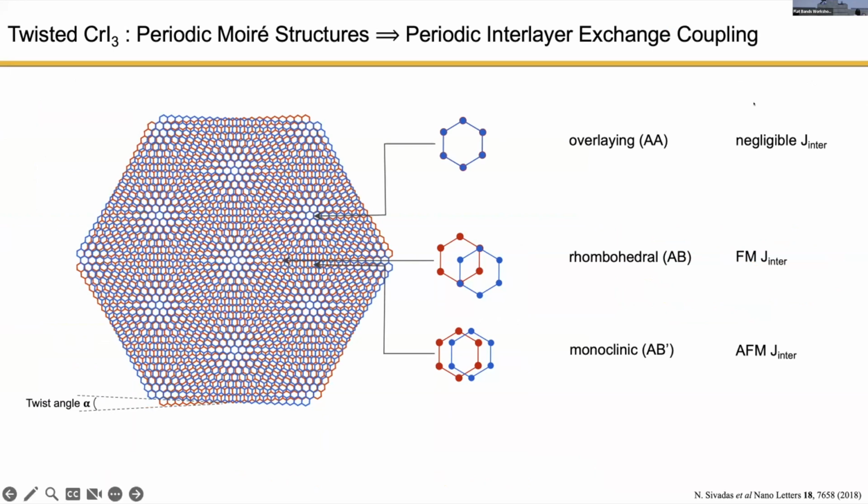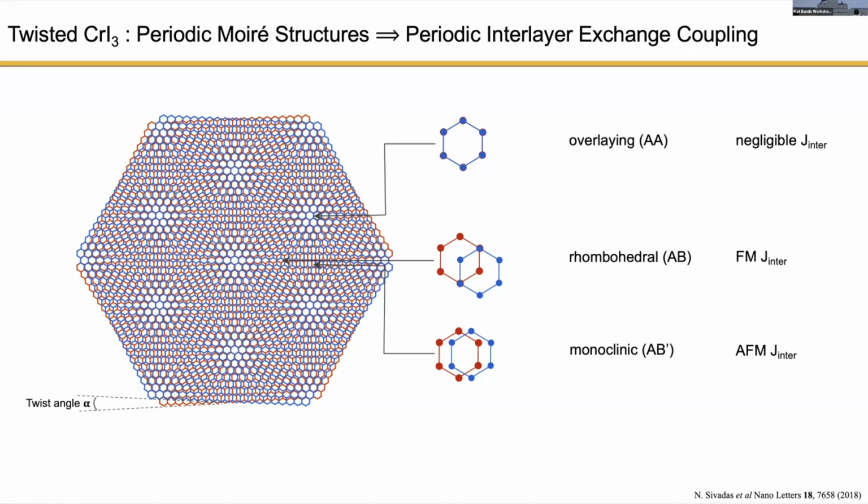And through the calculation by Deschamps' group, this will have negligibly small interlayer coupling. And of course, we will have this kind of rhombohedral stacking when one sits in the center of the other. For this kind of rhombohedral, we learned from the previous knowledge that they will have ferromagnetic type of interlayer interaction. And then in between, we will also have this kind of monoclinic stacking. For this one, we will have antiferro interlayer interaction.